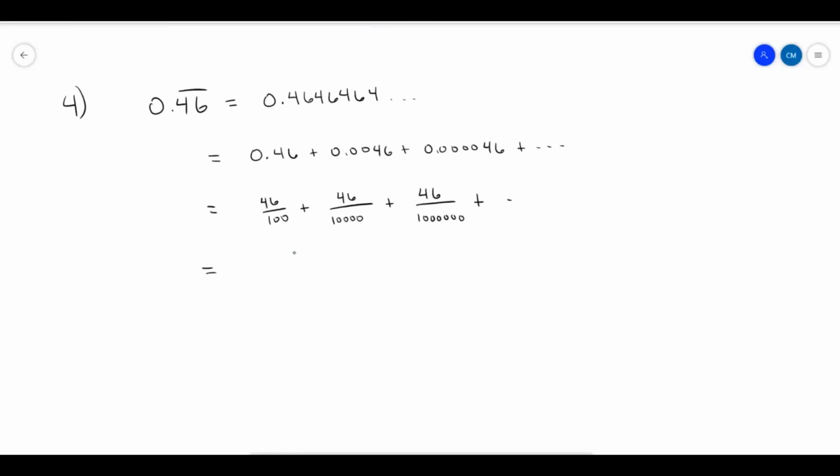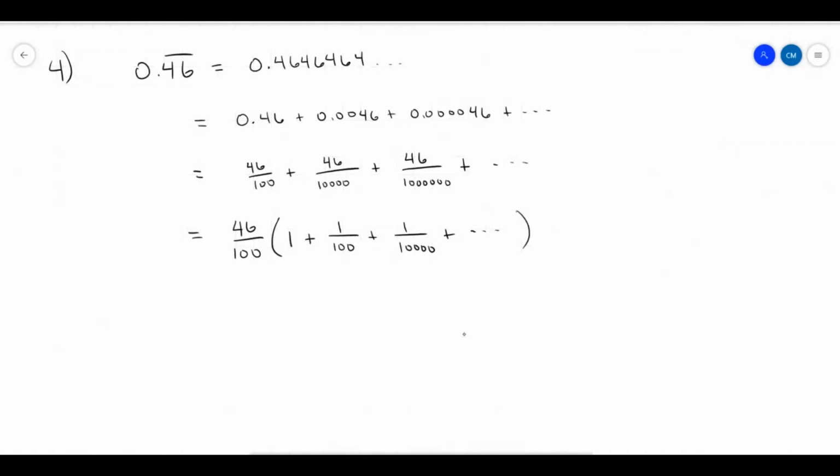Now, notice that you can factor out a 46 over 100. When you do that, what are you left with? 1 plus, I took out the 46, so I'm just left with 1, and I took out the 100, so I'm going to have 1 over 100, and then I'm going to have 1 over 10,000, etc. And this, again, just keeps going forever, right? This is an infinite series here.